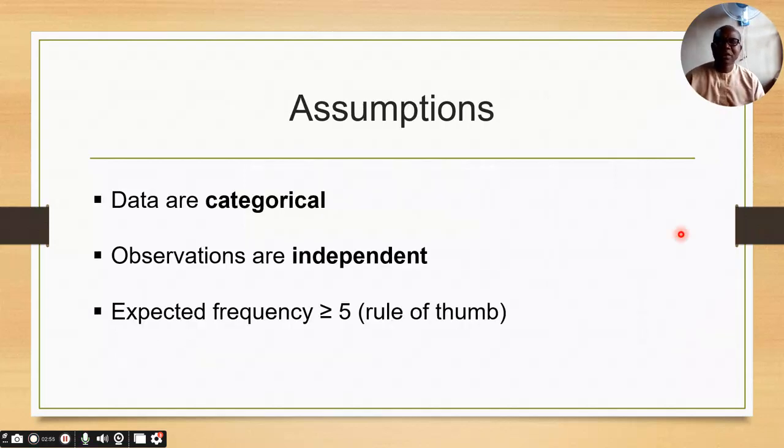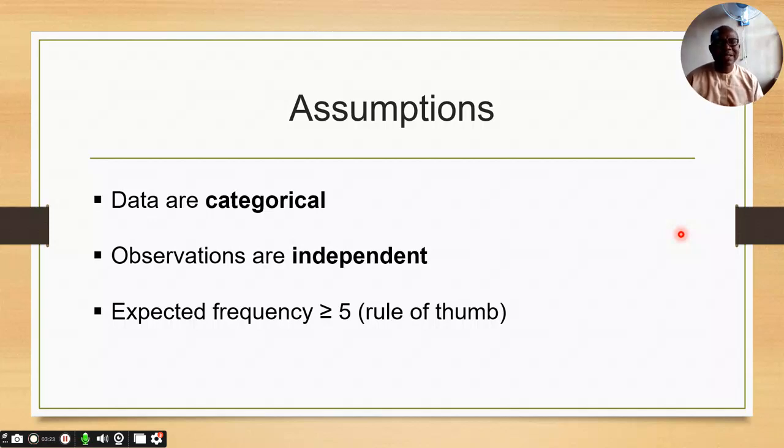So, what are the assumptions of the chi-square statistics? Every statistical test or distribution has assumptions. These are conditions under which such tests can be valid when applied to a particular study. Now, the first assumption under the chi-square distribution is that the data we use it for must be categorical data.